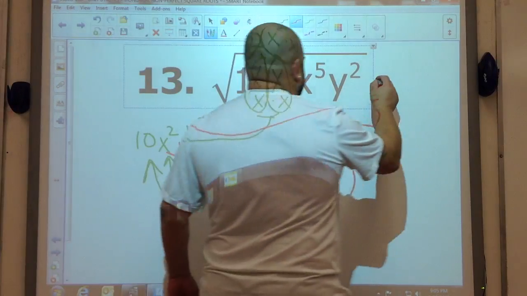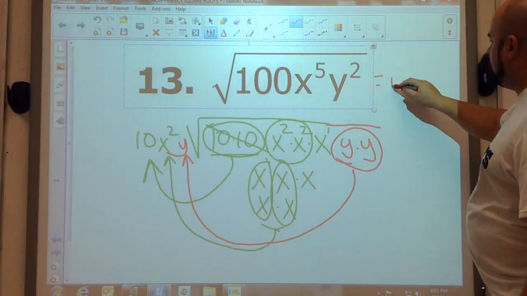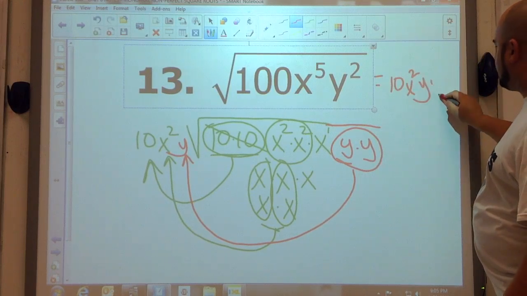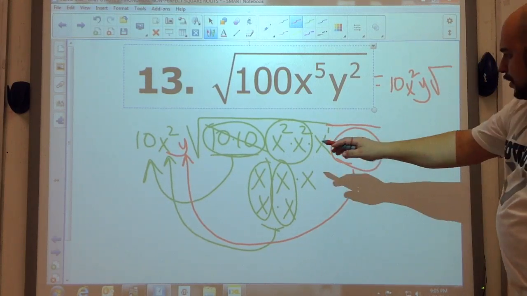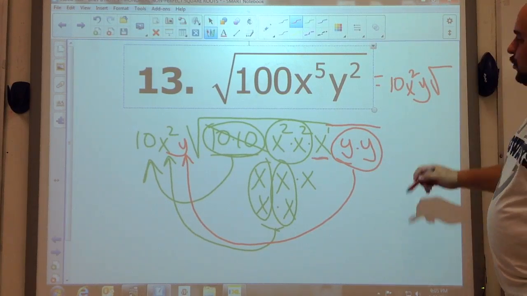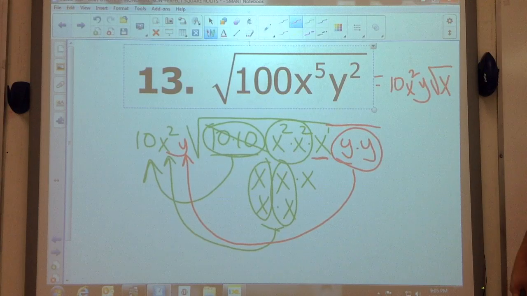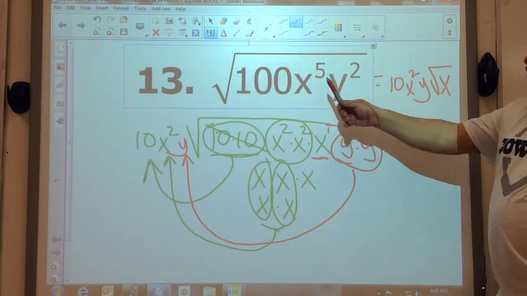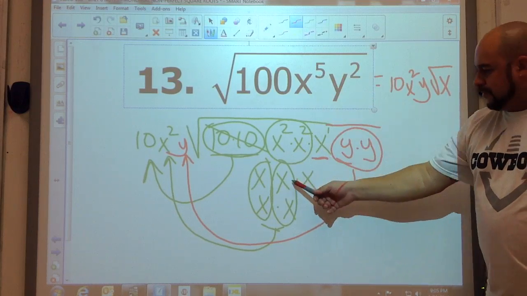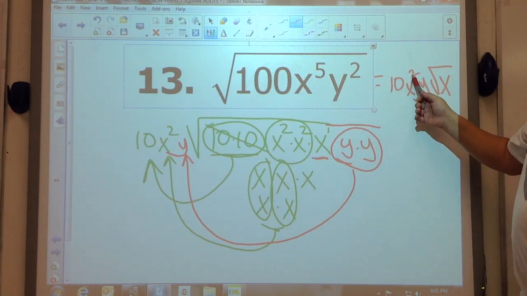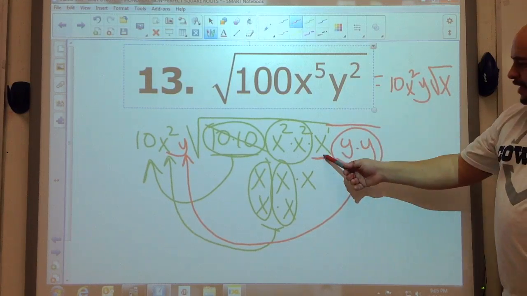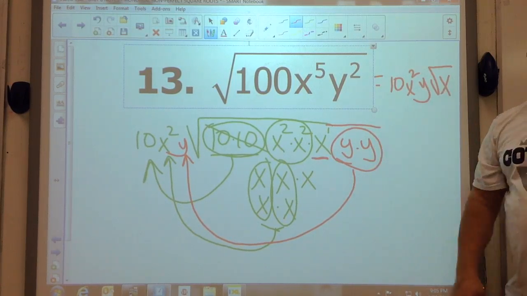So my final answer is 10 x squared y times the square root of this 1 x that we did not use, which goes in there. So the square root of 100 is 10. We have 5 x's. We found 2 groups of 2's. And then we have 1 group of y's. And this 1 x was not used, so it goes there.